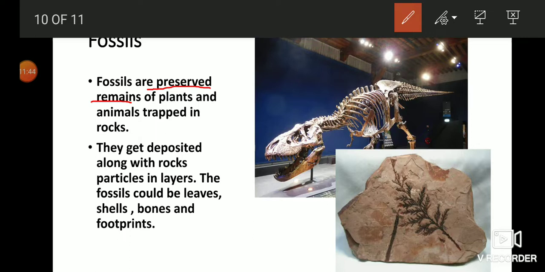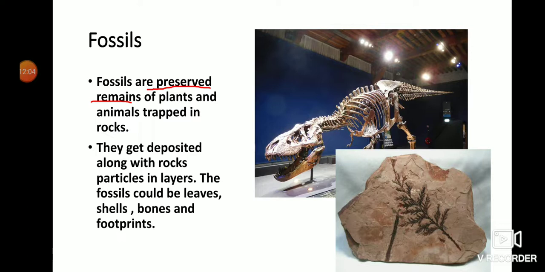By the time it becomes very hard, they get deposited along with rock particles in layers. The fossils could be leaves, shells, bones and footprints. In this picture you can see the fossil of a dinosaur which reigned over the world millions of years ago. And in another picture, a fossil of leaves.